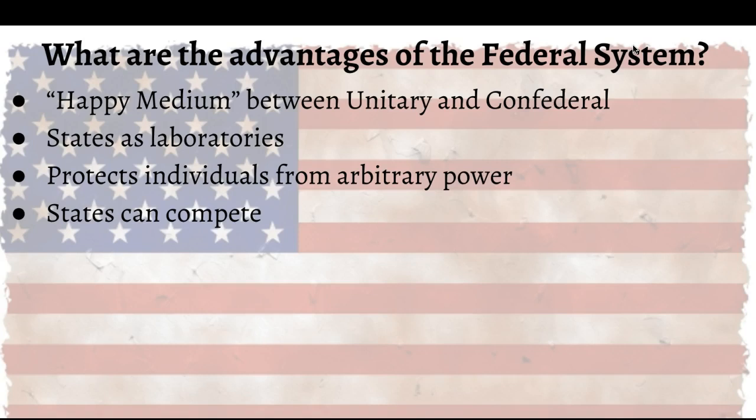People have the ability to move as a result of this federal system, because states can create different personalities, if you will, or different atmospheres or environments that might be more conducive to your lifestyle.